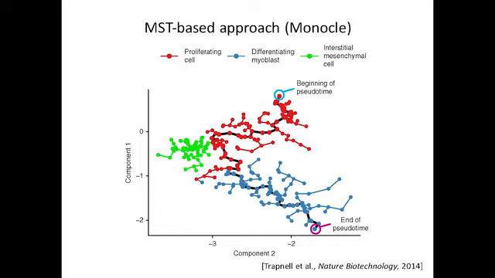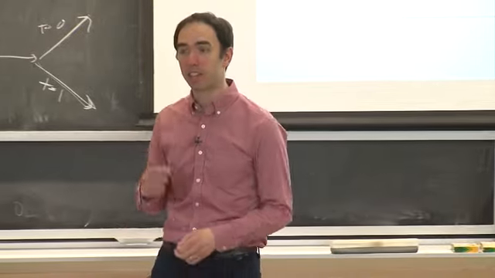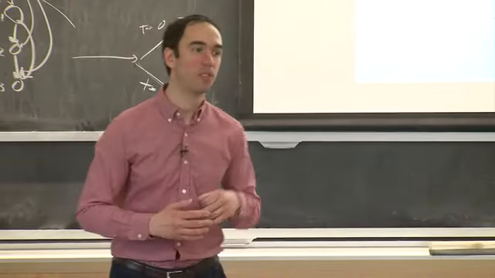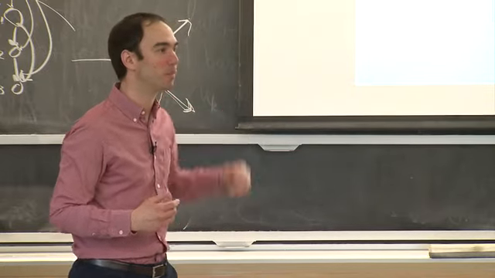And what one discovers is that, in fact, this is very sensible, that all of these points are in a much earlier disease stage, the analogous thing of that, than these points, and this is a sensible bifurcation. This is the whole story, by the way. It's a conceptually very, very simple approach.